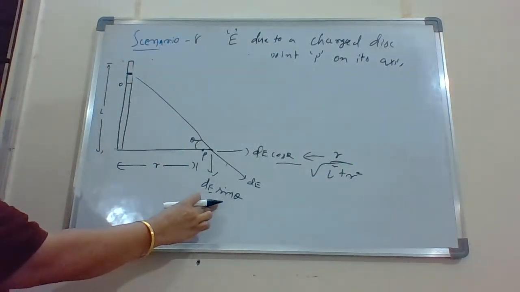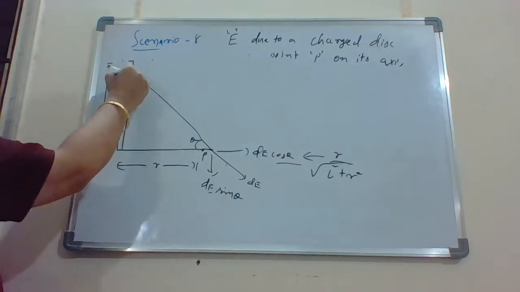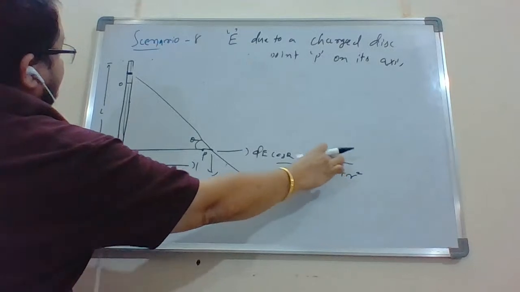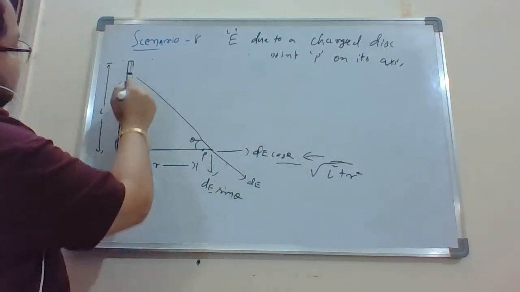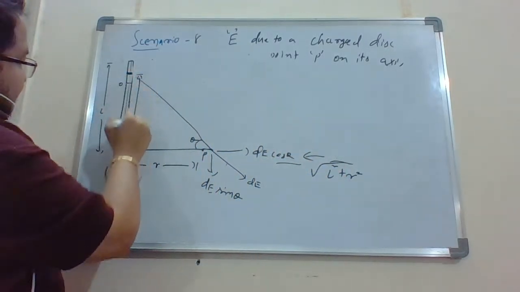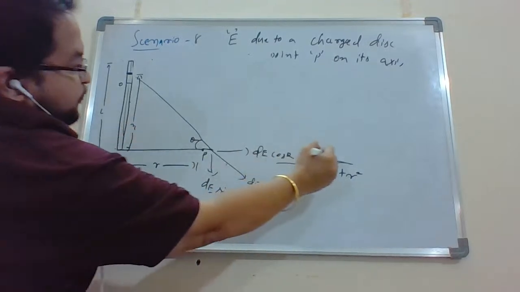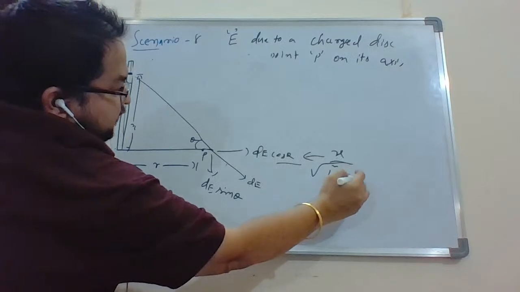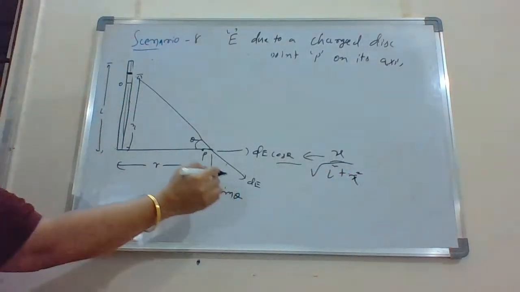And then you need to find out sin theta also, which would be, oh sorry, it would not be R. So if this distance is x, this would be x by root over L square plus x square, okay?